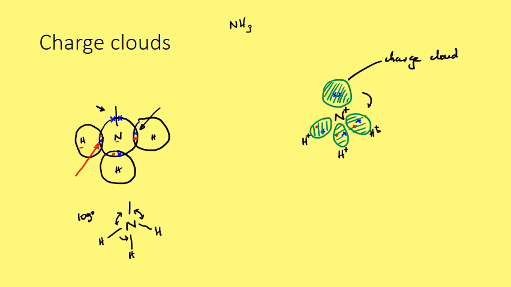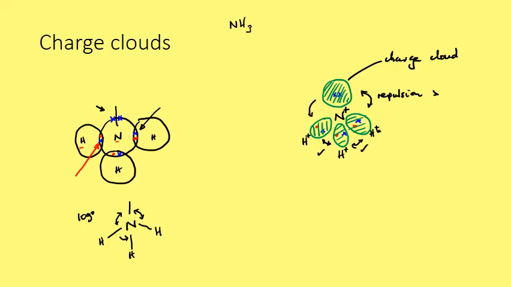So the repulsion between these charge clouds is greater than the repulsion between these clouds here because of their shape. You can see because of their shape they can get a bit closer together before they're too close. And this angle here is going to be the same as this angle, which is going to be the same as this angle, right?